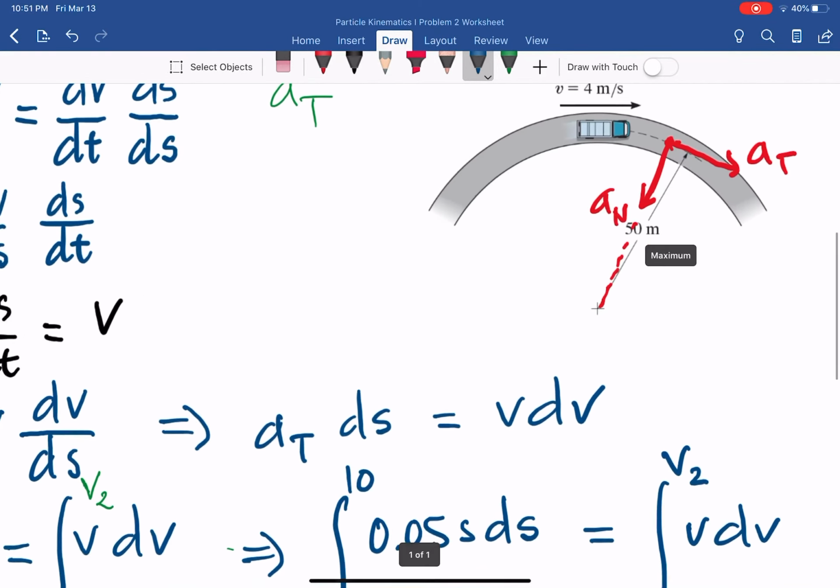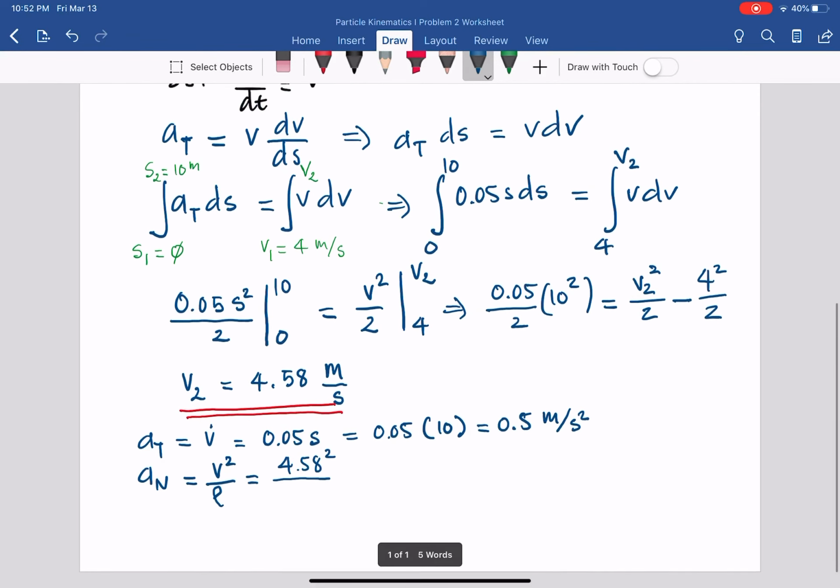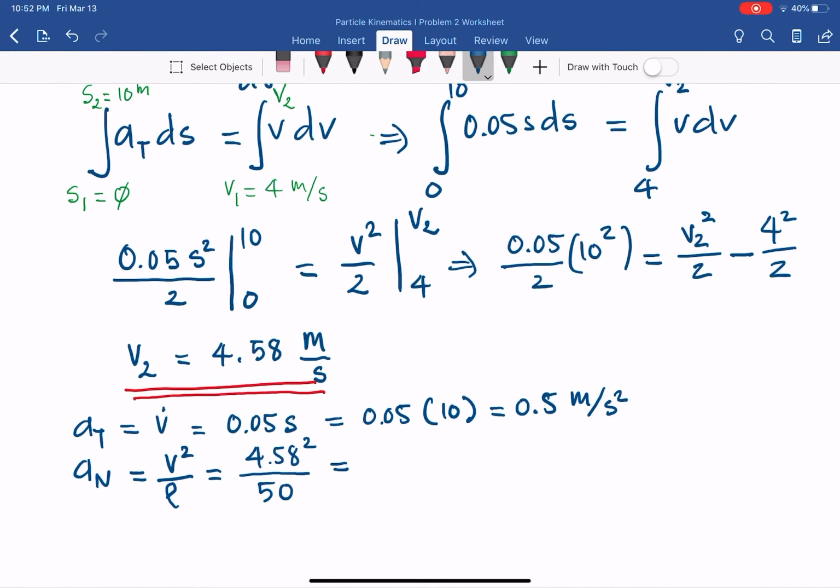That is the radius, 50 meters of this circular path. So let's plug in 50 meters. From that we have a_n equal to 0.420 meters per second squared.